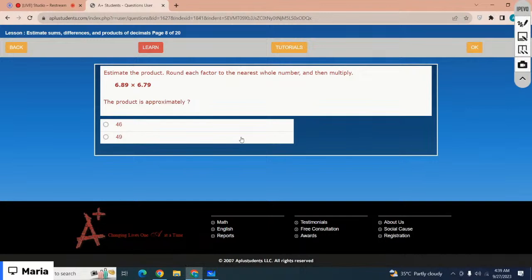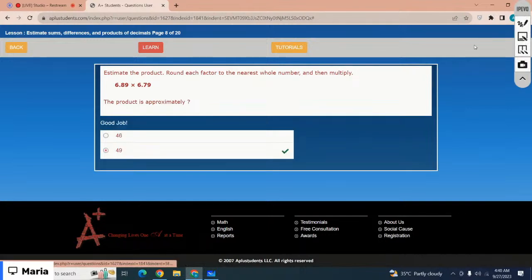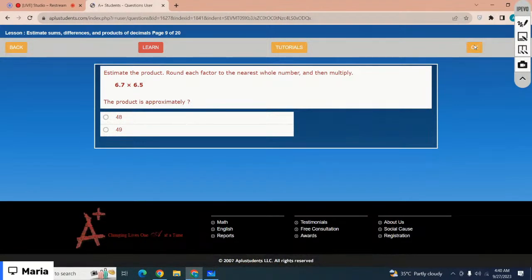Yes, that is 49. Okay, 6.7 times 6.5. Which is the correct option? Again, that is 49, right?